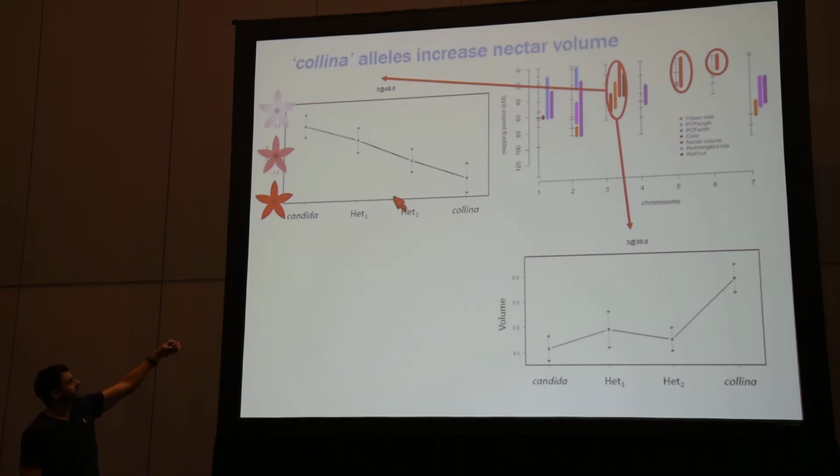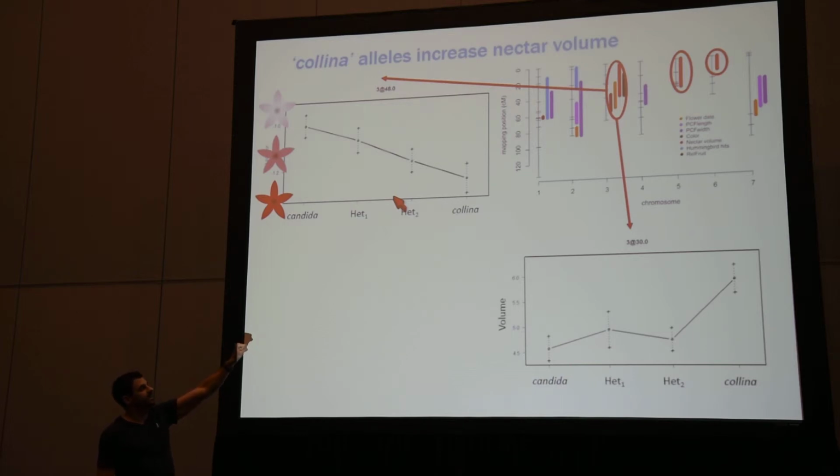Along the x-axis here, Candida refers to Candida homozygotes, Collina refers to Collina homozygotes, and then we have the heterozygotes. And what we can see is we got white flowers for Candida, red for Collina, with some intermediate for the heterozygotes. And that Collina alleles tended to produce greater nectar volume.